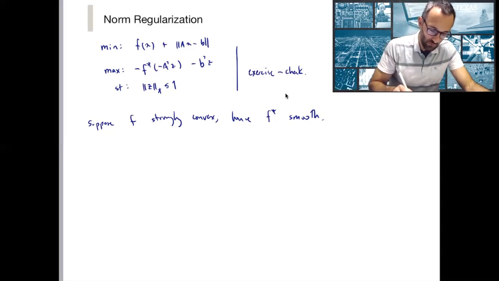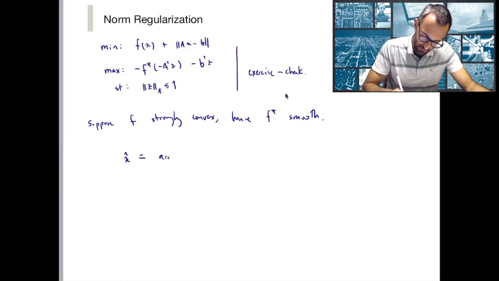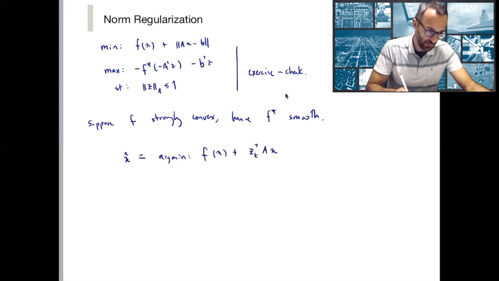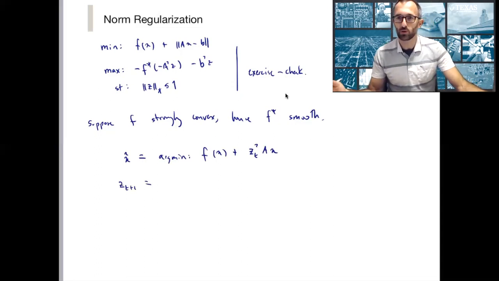So we get x hat is equal to the argmin of the Lagrangian, f of x plus z_t times Ax, and then z_{t+1} is going to be the prox with respect to g star. We don't need the Moreau decomposition in this case because the prox of g star, being the indicator function of the dual norm, is straightforward.